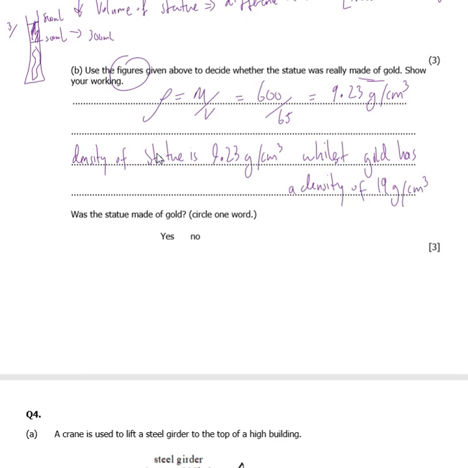So therefore, was the statue made of gold? No, because the densities are not the same. Okay, so this is how we get the correct answer. First of all, you need to do your working out, a quick statement, and then we're done with the answer.